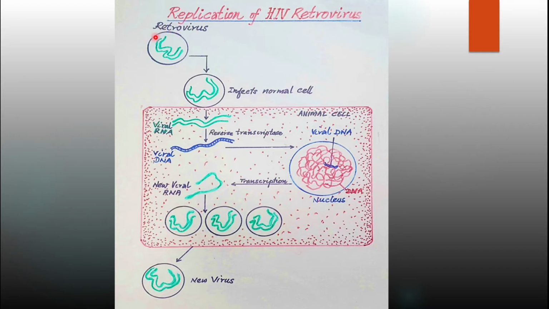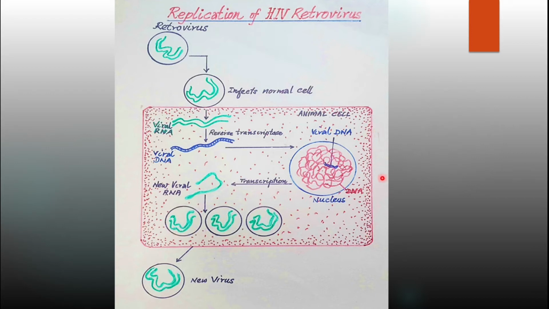The HIV, which is a retrovirus, enters into a new human being through any of the four methods that we discussed earlier: either through sexual contact, or through blood and blood products, infected needles, or from the mother to an unborn fetus through the placenta. Any of these four methods enables the virus to enter into a human being. On entering, it first attacks a macrophage.